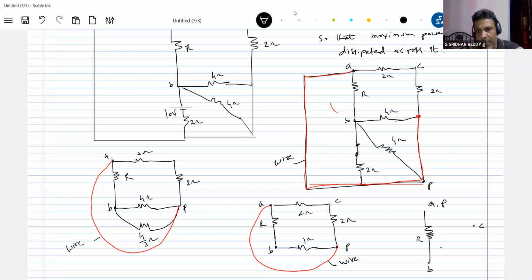Between A and C, there's a 2 ohm. Between P and C, there's a 2 ohm. Between B and C, there's no resistance. But between B and P, there's a 1 ohm resistance.